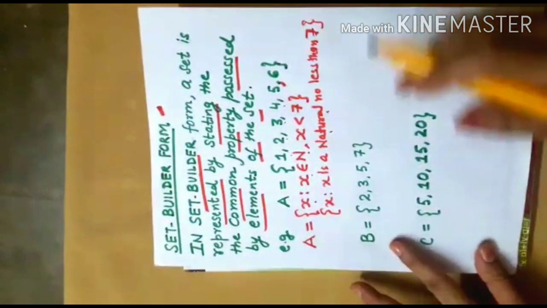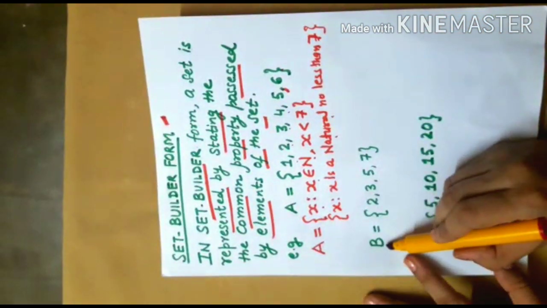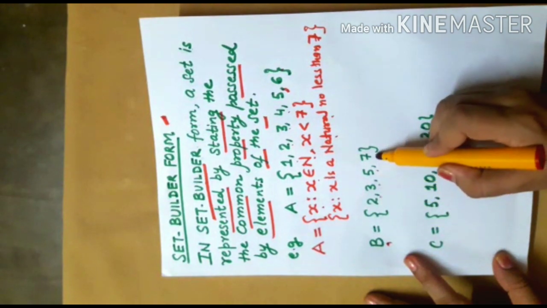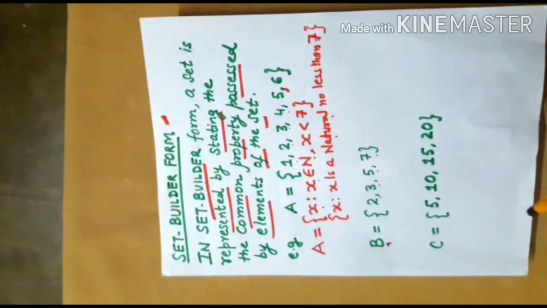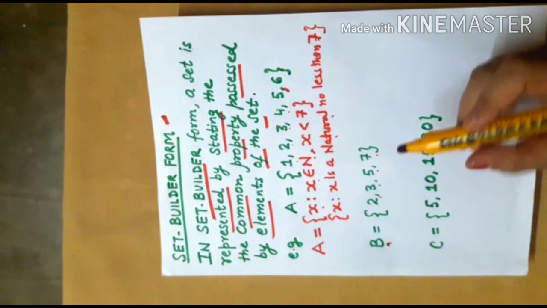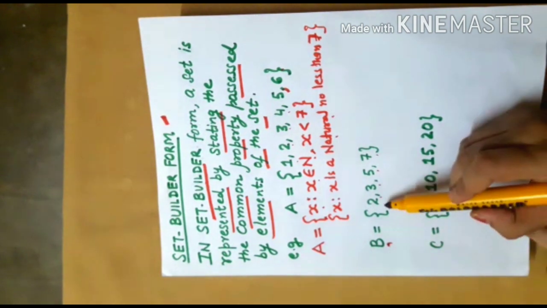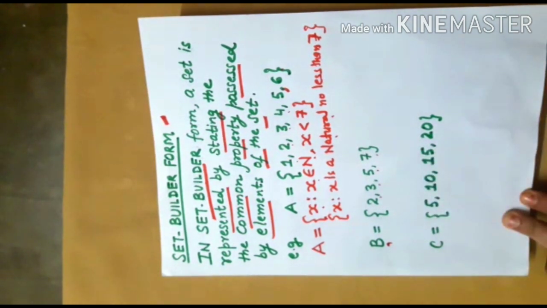Let's take another example. Consider the set B with elements 2, 3, 5, 7. What is the common property possessed by the elements of this set? Yes, they all are prime numbers.